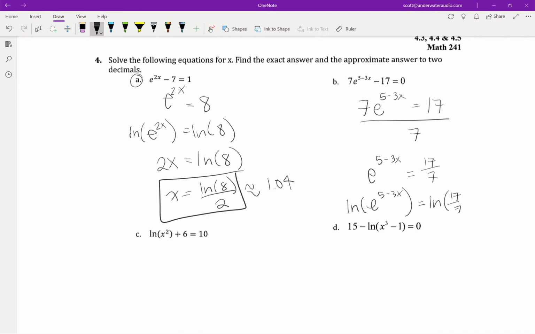All right, I'm running out of space a little bit. Natural log and e, that's just going to reduce to just the power. 5 minus 3x equals the natural log of 17 over 7. And I would subtract 5.